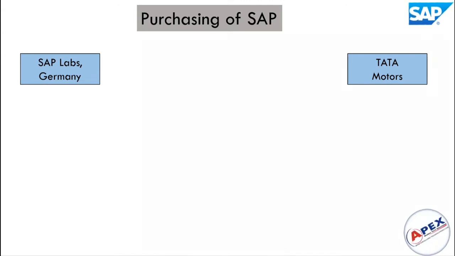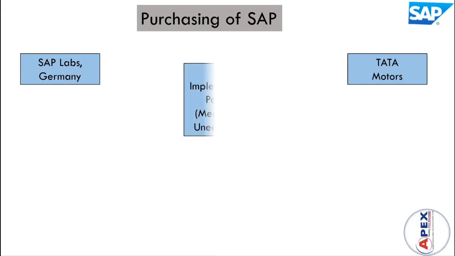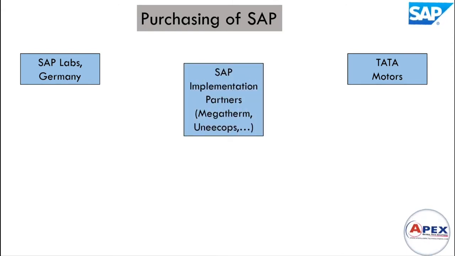deal. Okay. So here in the SAP business, we have one more partner, that is the SAP Implementation Partner. SAP Labs will give authority to sell their product only through SAP Implementation Partners. We have some partners here, Megathon and Unicorps. This one is an Indian company and this is a foreign company.